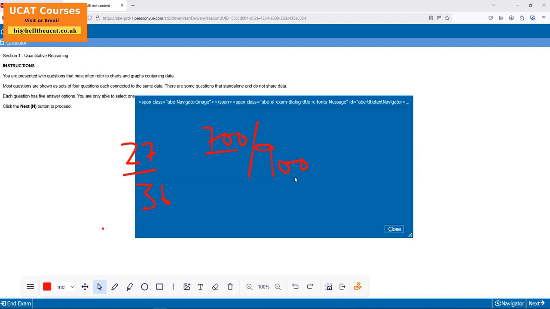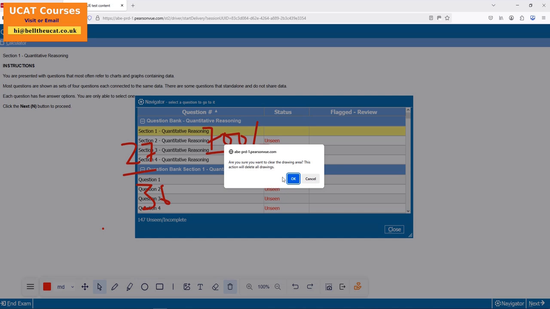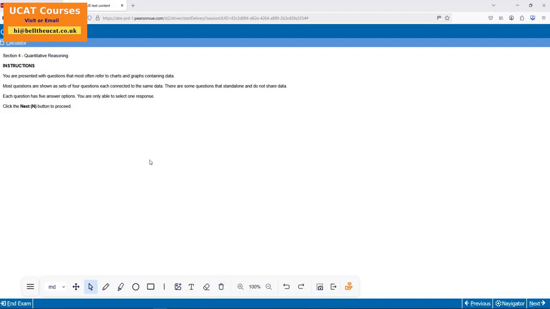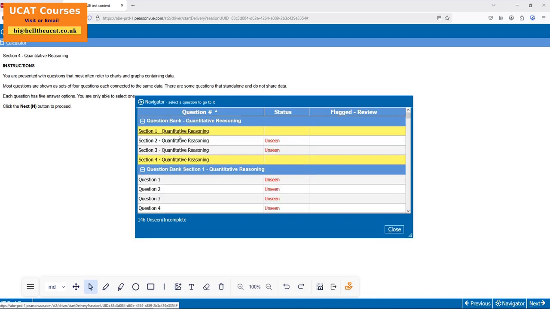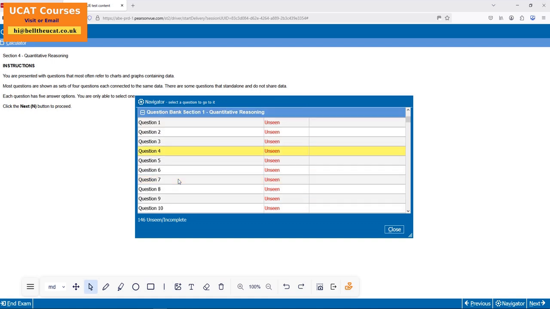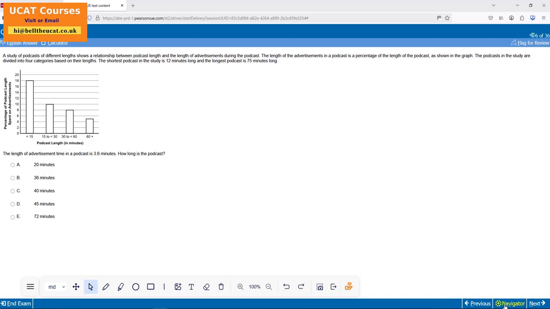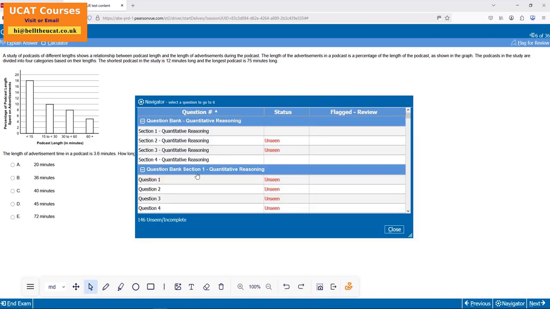I believe we were trying to crack section number 4. We did the first 5, so let's start with question 5. Let me find quantitative reasoning.